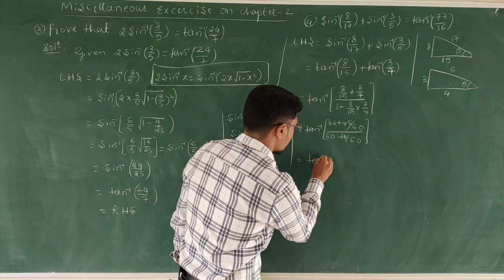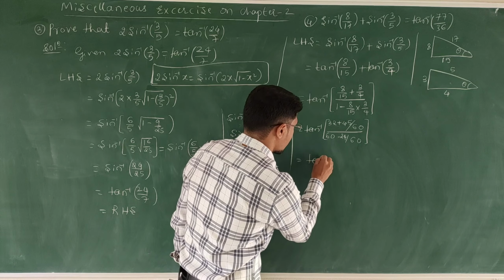So see here, dear students, this is cos plus sin equal to sin. So we know the sin inverse of x plus sin inverse of y formula, so for that reason I will convert this to sin. Write LHS: cos inverse 12 divided by 13 plus sin inverse 3 divided by 5.